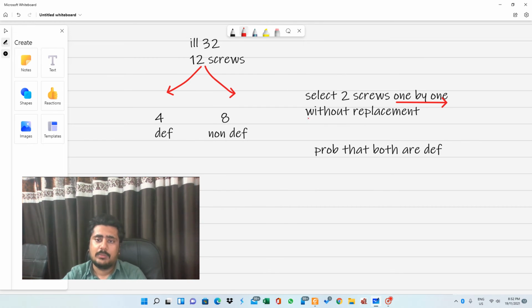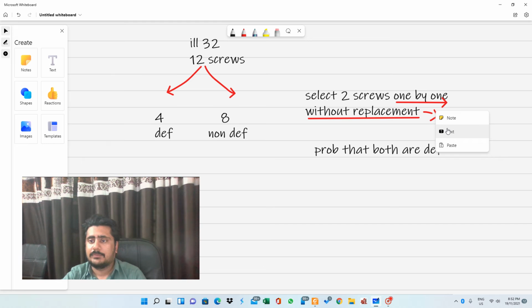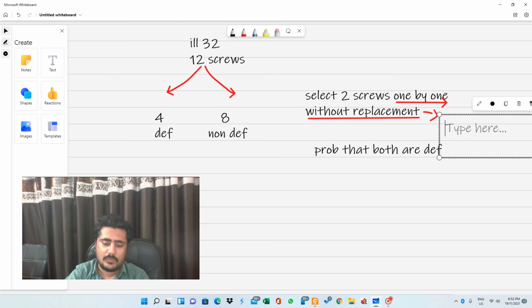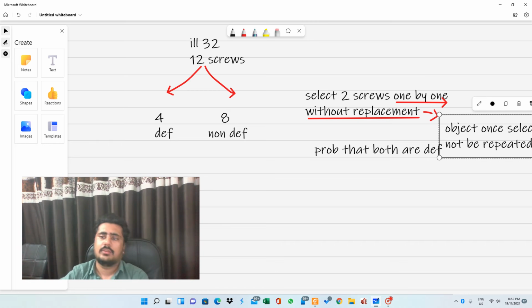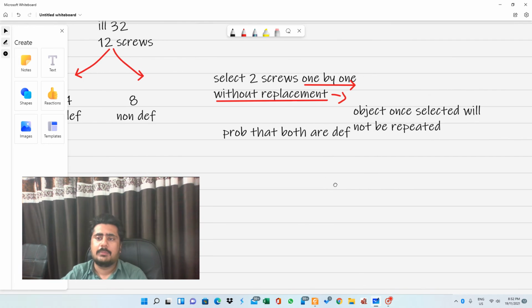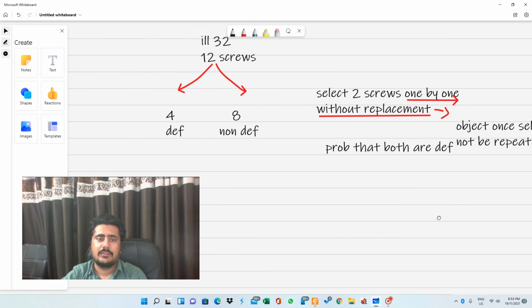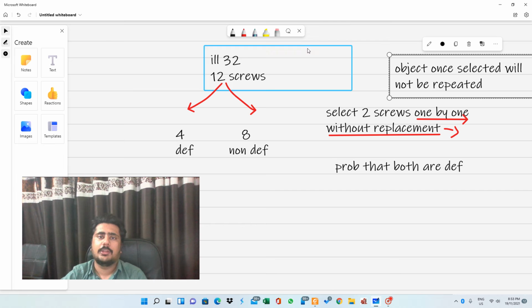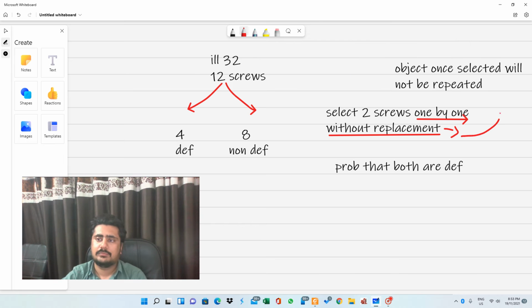Then it is without replacement. Now what does without replacement mean? Let me clarify here. Without replacement means an object once selected will not be repeated.